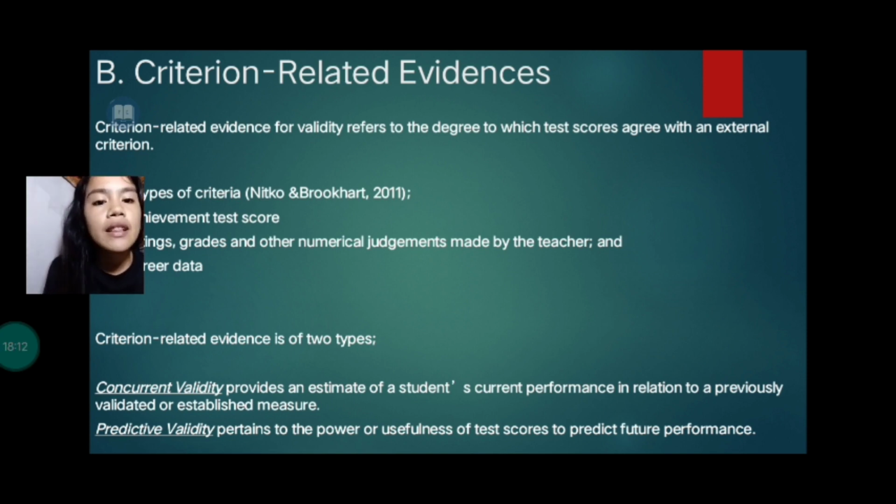Next is predictive validity, which pertains to the power or usefulness of test scores to predict future performance. An example of this is the college entrance test, or SET.